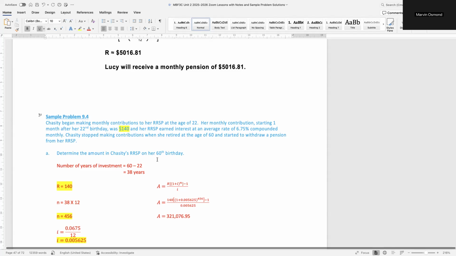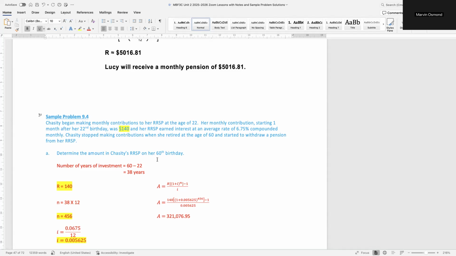So first of all, we need to figure out how many years the money was invested for. So 22nd birthday, she retires when she was 60. So 60 minus 22 is 38 years. So she was making payments for 38 years, and she was making monthly contributions.